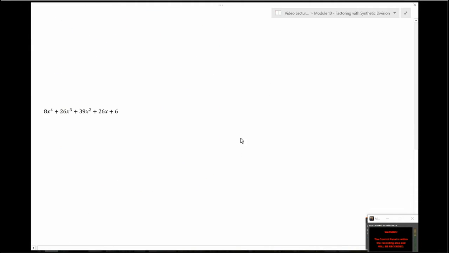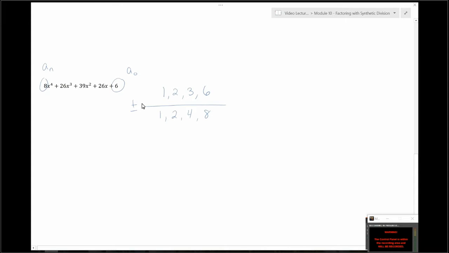So let's do one more example. A sub 0, a sub n. So the factors of 6 are 1, 2, 3, and 6. The factors of 8 are 1, 2, 4, and 8.